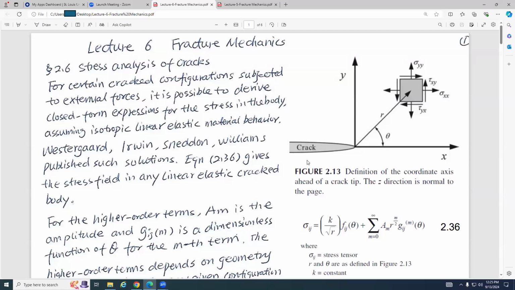So this is X and this is Y. For any generic point in the neighborhood of this crack tip, the point is described using polar coordinates, r the distance and theta the orientation. And so sigma ij can be obtained using this equation.